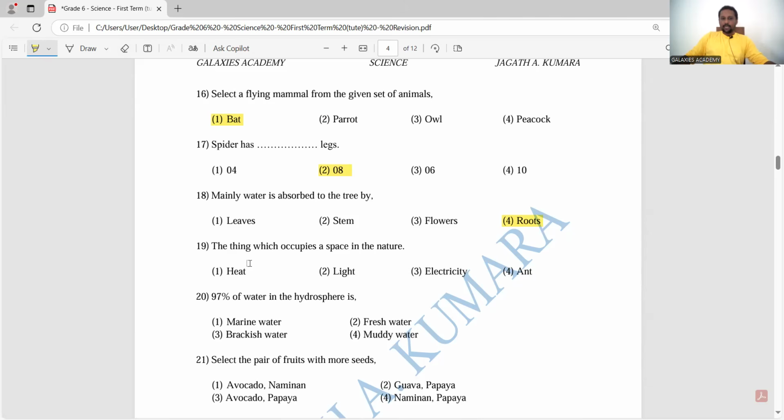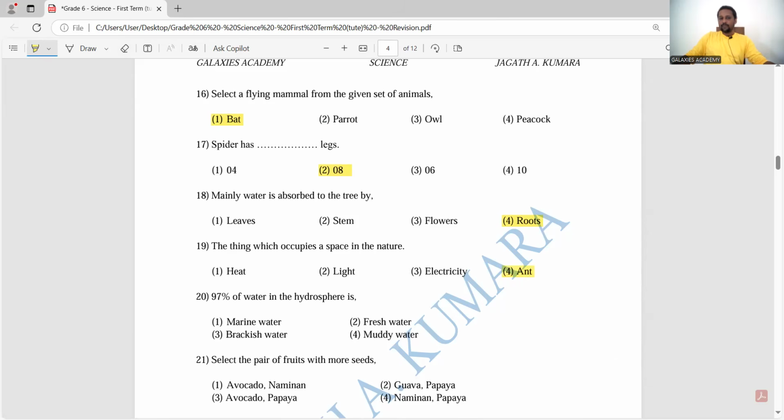So this question asks for the thing which occupies space in nature. So you have to select the answer that is a matter. Heat is an energy, light also energy, electricity energy, and it is the animal, no? Animals are matter.